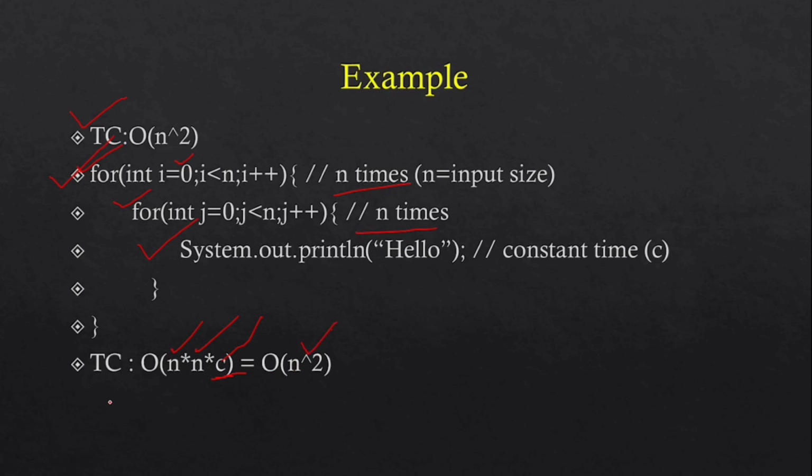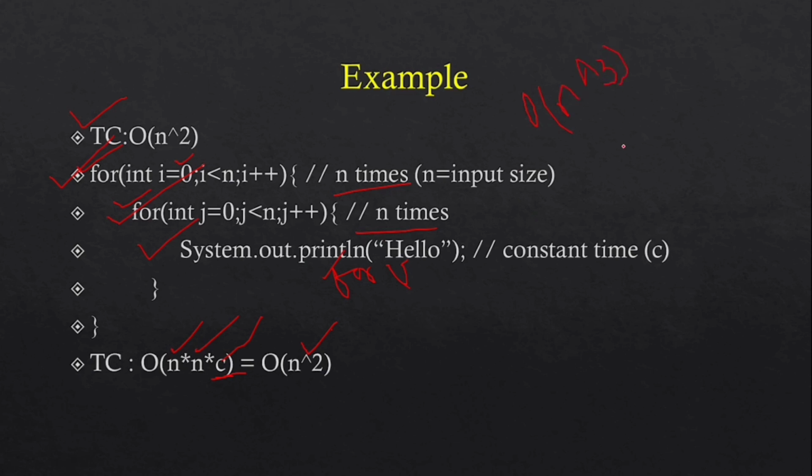Now you can think, what if we have another inner for loop? After this inner for loop you have another inner for loop, then your time complexity is order of n cube.